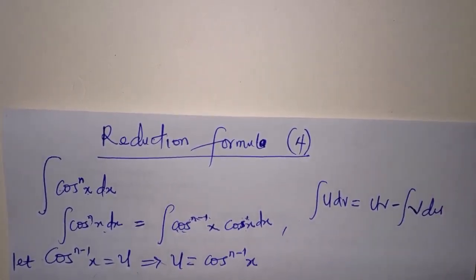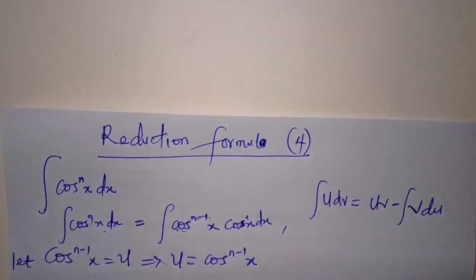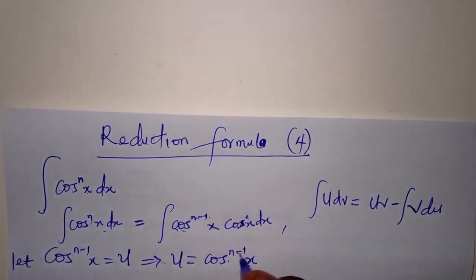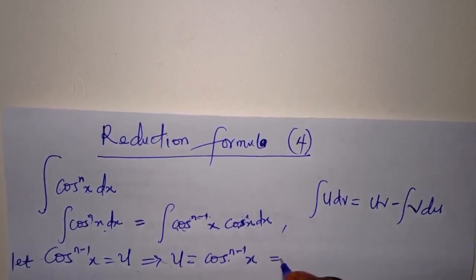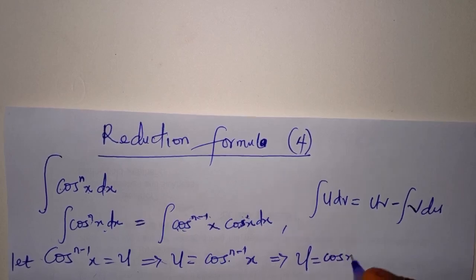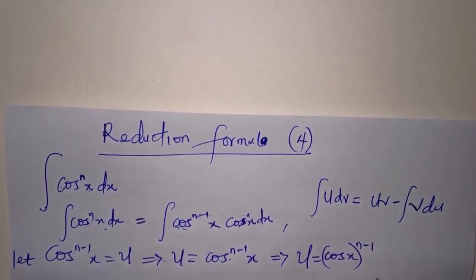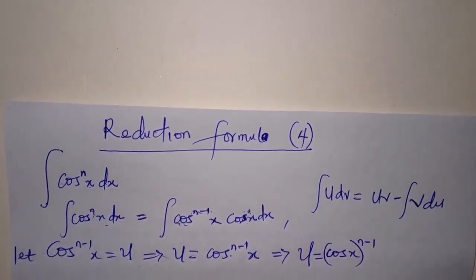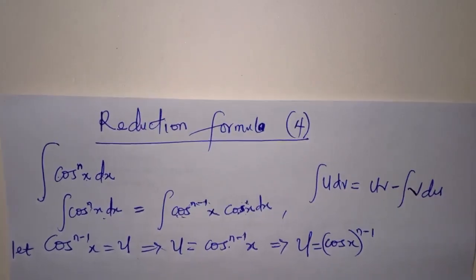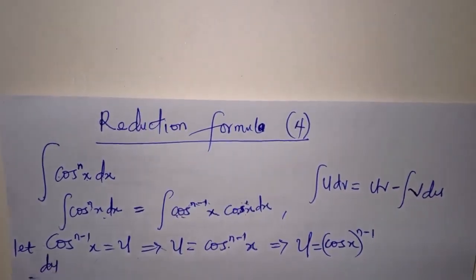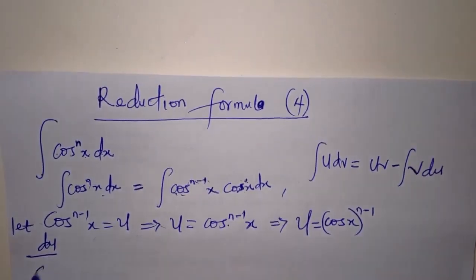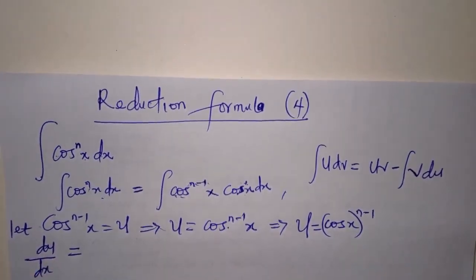Then we differentiate u with respect to x. This cos^(n-1) x can be written as cos x raised to the power of n minus 1. So differentiating u with respect to x will be equal to this.